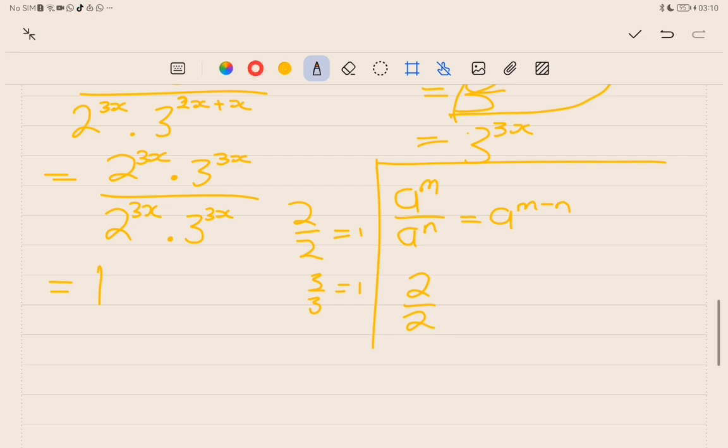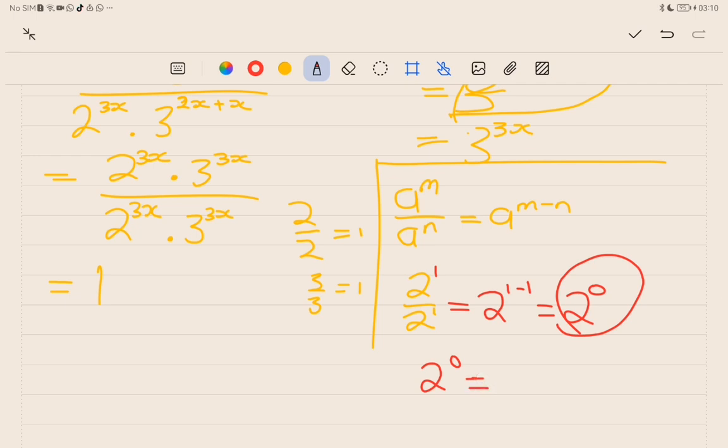We know that the exponent here is 1. Here it is 1. Then you're going to say 2 to the exponent 1 minus 1. Then you get 2 to the exponent 0. Then from here also, we apply a law of exponent, which states that any number raised to the power of 0 is equal to 1. Hence, we have come to this. That's where it all comes from.